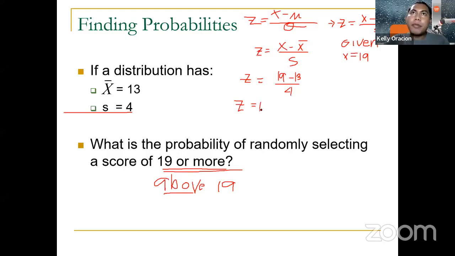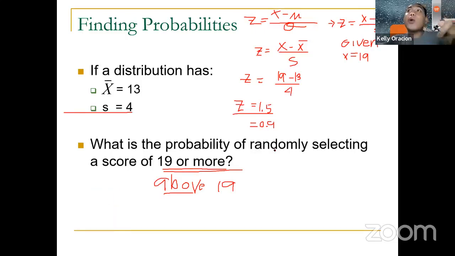Now the question: this is the z-score. What is the tabular value of 1.5, Escueta? 0.9332, sir. Okay, Escueta says 0.9332. Again, we have the x, which is 19.